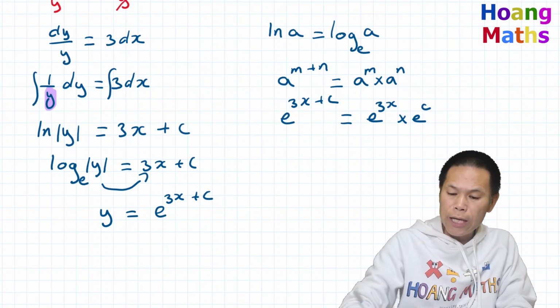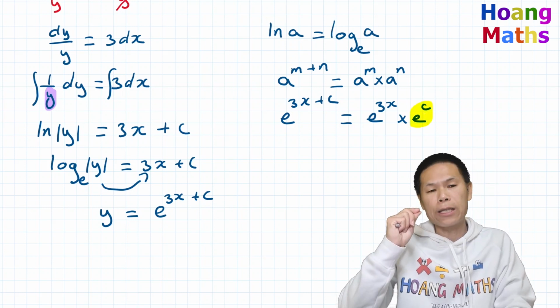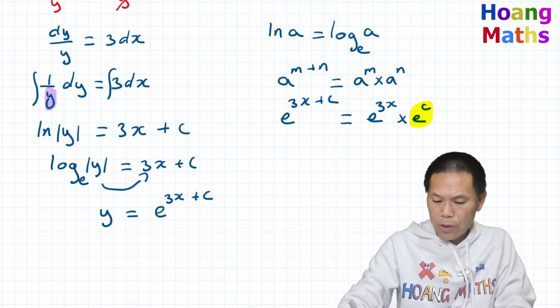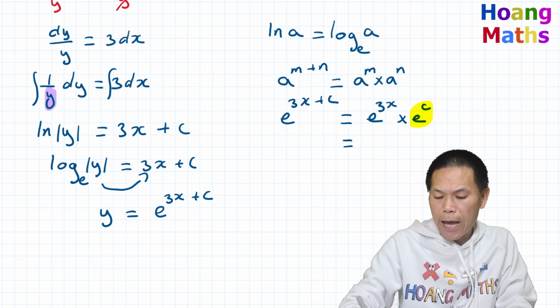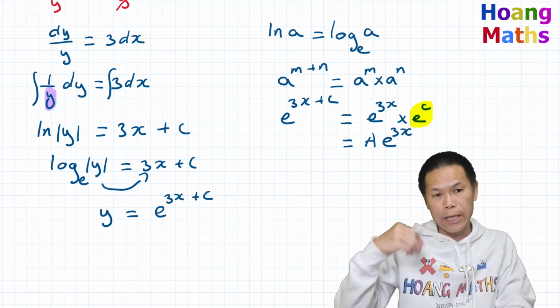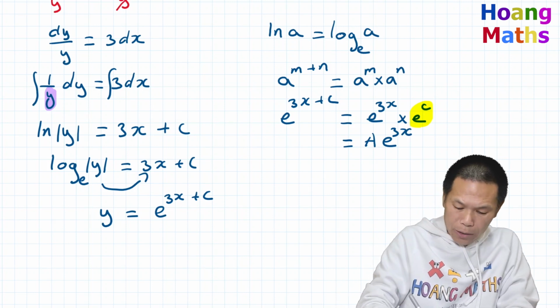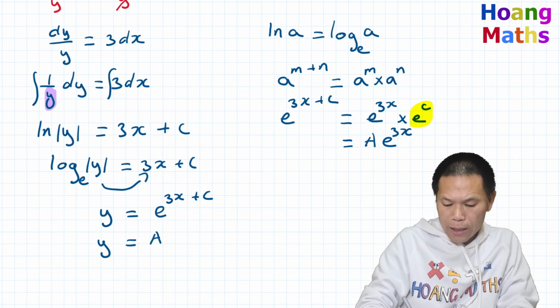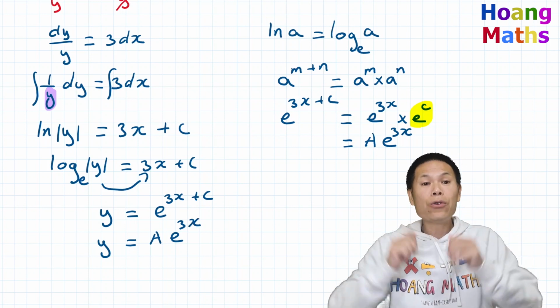And we know that c is a constant, so e to the power of c is a constant. So we can make e to the c equal to a, a constant. So that means y is equal to a times e to the power of 3x. So there you go.